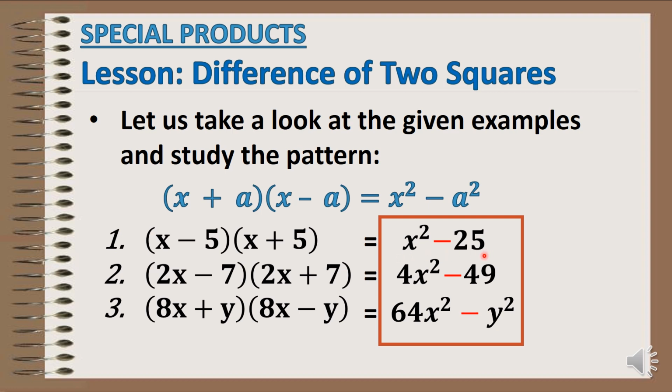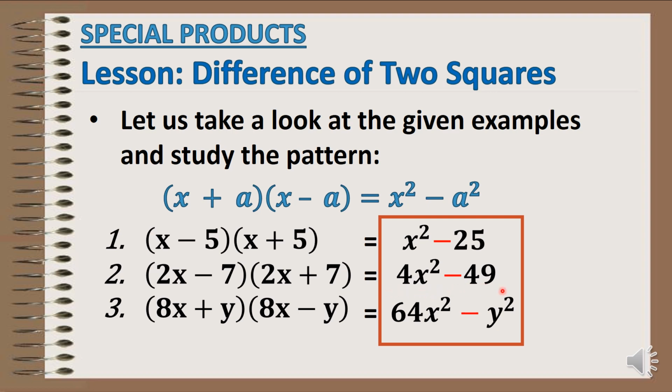In the second example, we have 2x minus 7 times 2x plus 7. Square the first term, which is the quantity of 2x, that becomes 4x squared. And then copy the negative sign, square the second term, 7 squared, that is 49. So we have 4x squared minus 49.